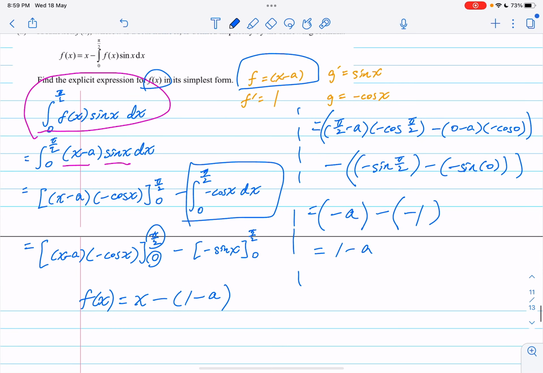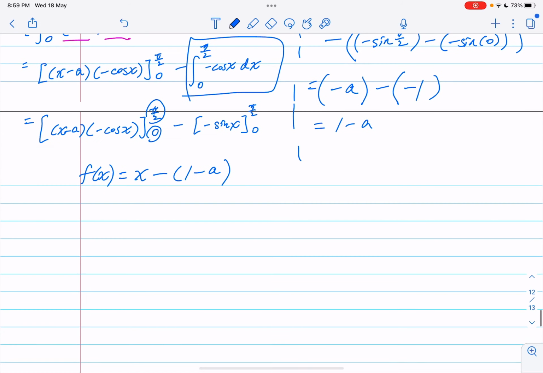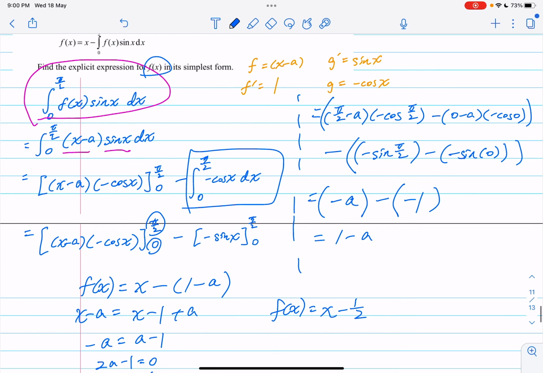We said that's x minus a. So x minus a equals x minus 1 plus a, which means minus a equals a minus 1. So 2a minus 1 is 0, and a is a half. So remember, we said f(x) equals x minus a, so f(x) is x minus a half. Yeah, that's done.